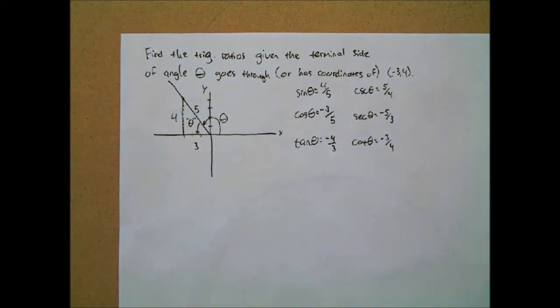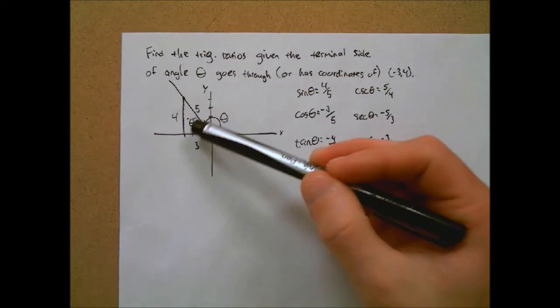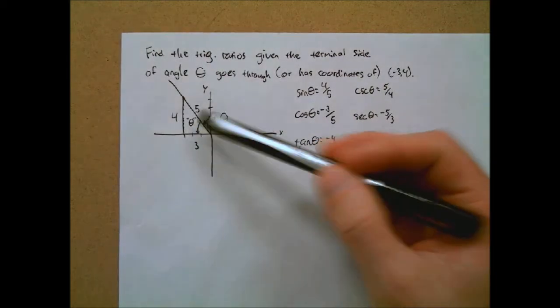So why do we need to concern ourselves with whether our ratios are positive or negative here? Why are cosine, tangent, secant, and cotangent all negative? So, Ethan? Even though we're using this reference angle, our angle is in the second quadrant.